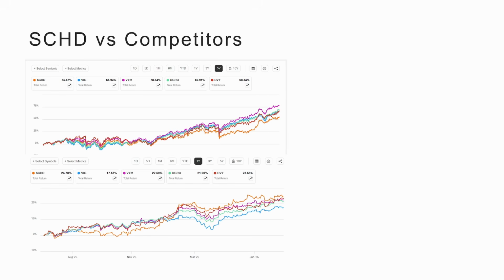Now, of course, there might be some different factors in it which I missed or haven't seen, so comment down below if you think otherwise. But I do think, even though they're down by like 10% off the competitors, that still matters in terms of investing in SCHD, because I'd rather have that steady compounding than the higher volatility.